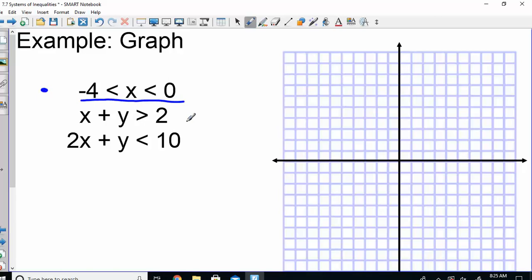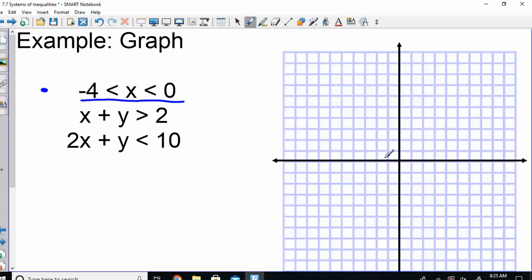We know if it's x equals a number, what kind of line is it? X equals is vertical. When I say x is bigger than -4 and smaller than 0, that means you have two vertical lines, one at -4 and one at 0, and we're shading in between them. If it were a y in the middle, then they would be two horizontal lines shading in the middle.